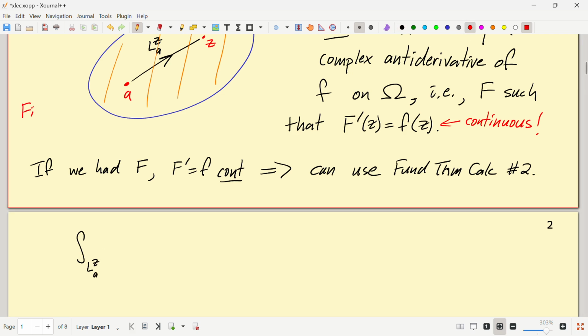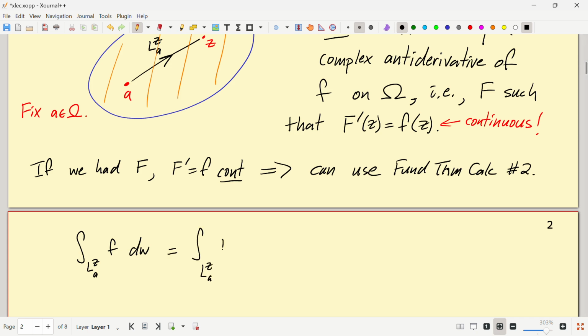So I'm going to fix the a and hold it constant. I have to put f dw right here. Well, that would be the integral of a derivative. And because the derivative is continuous, which I had to assume when I was proving the fundamental theorem of calculus, that would be F at the end minus F at the start.